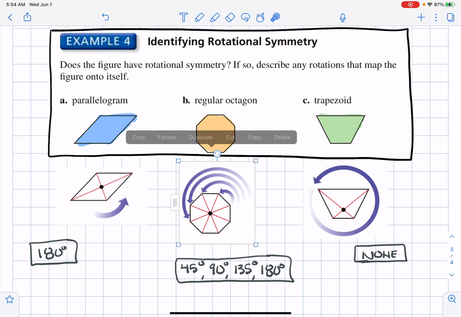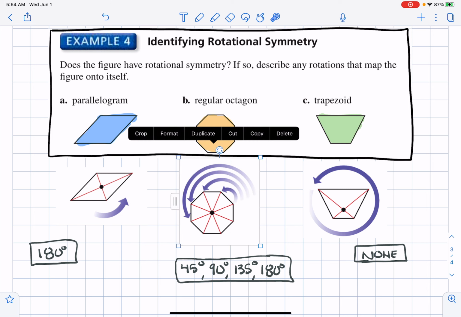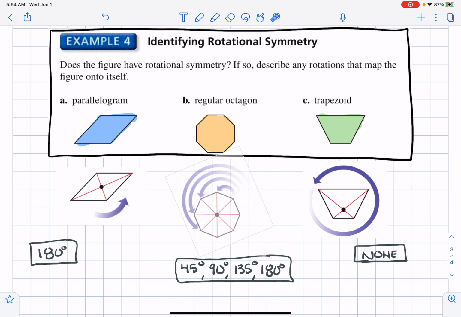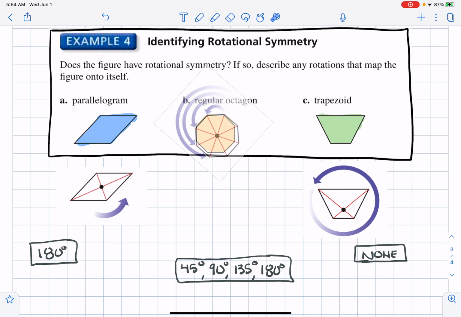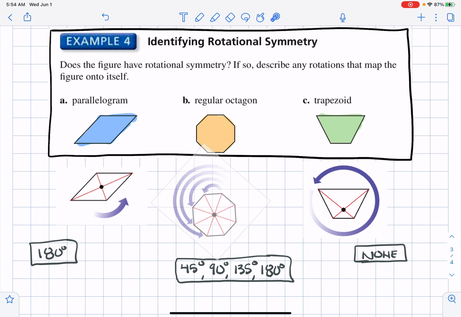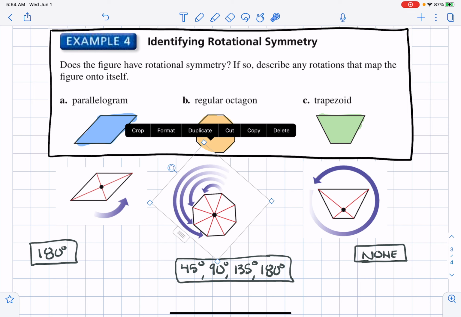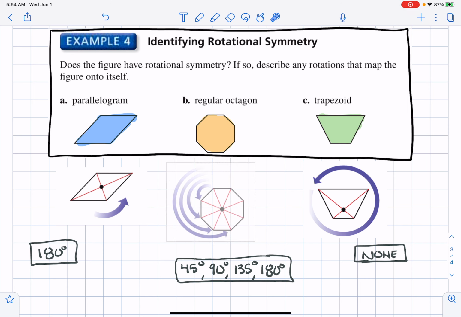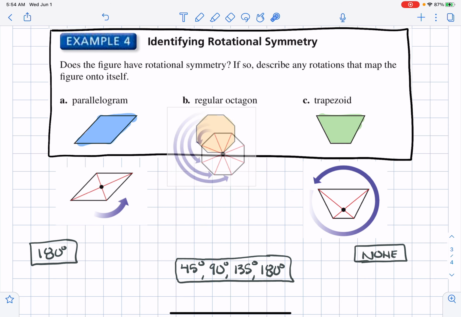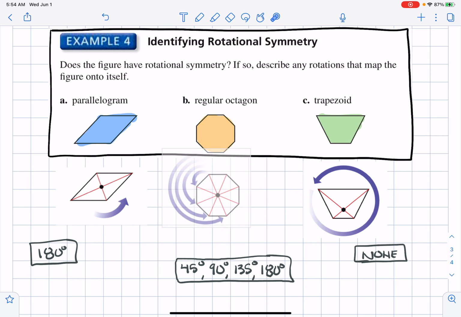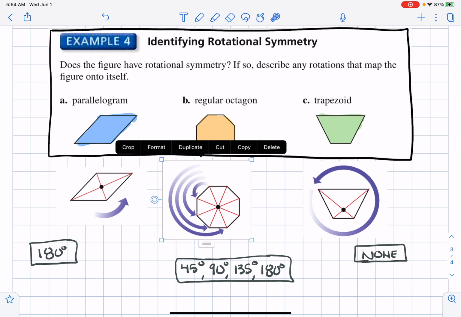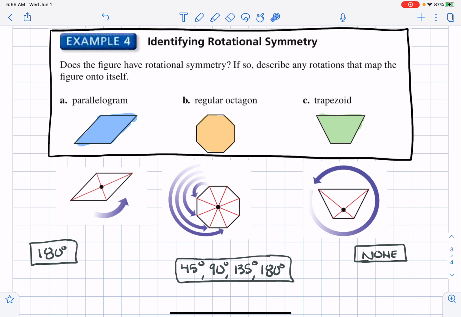So 90 degrees is going to count. 135 degrees is going to look like this. So keep turning the thing. And does that map onto itself? And yes, it does. And then lastly, 180 degrees. If I rotate again, does that map onto itself? And yes, it does. So this particular shape, the regular octagon, has 4 rotational symmetries.